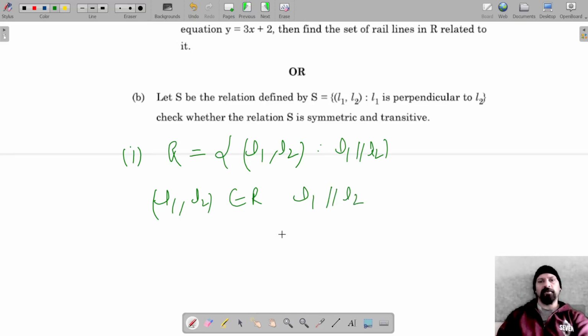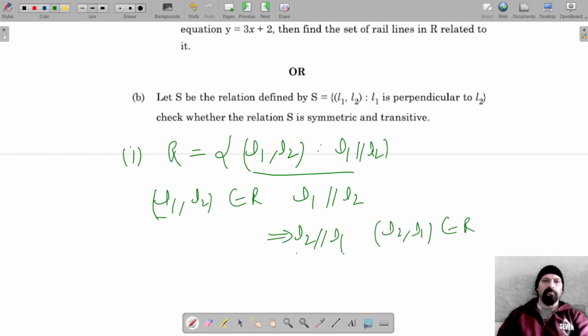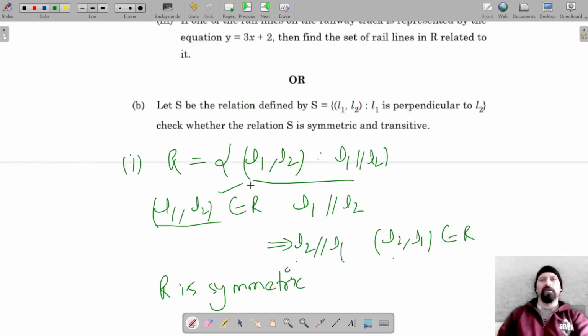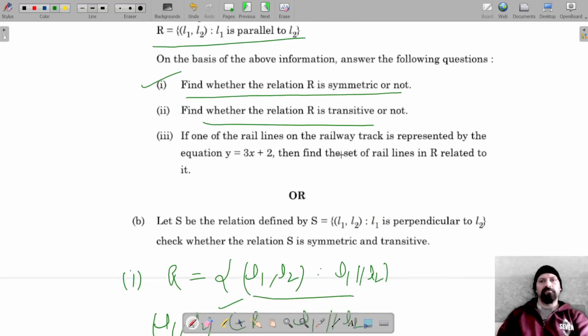If L1 is parallel to L2, then we can change the order, that is, L2 is parallel to L1. Now L2 is parallel to L1, according to the relation, gives us that (L2, L1) belongs to the relation. So that means R is symmetric.